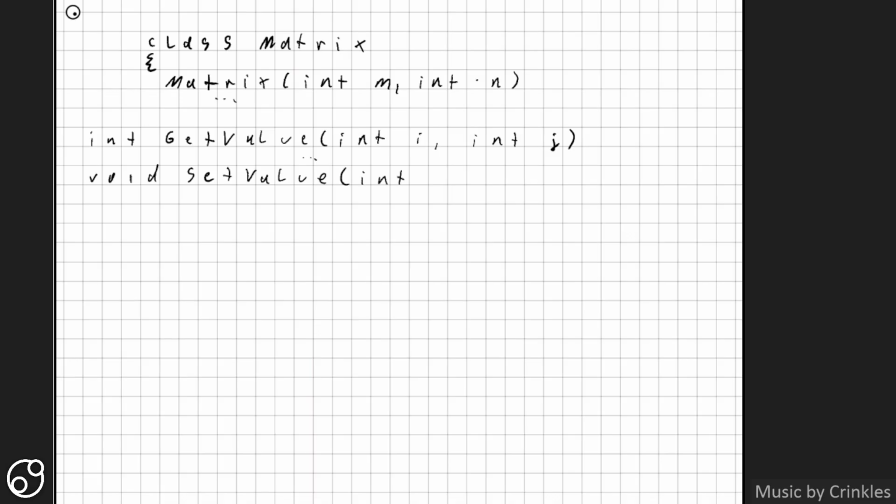Just gonna get the int i and j, int b for value. And all of that has to store internally using just a singular regular array. Let's call it values.